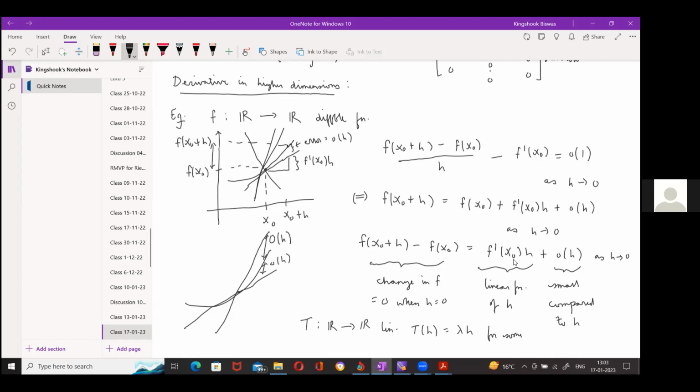Actually, what is this lambda? You write h as h times 1. This is T of h times 1. And then you take out h, since h is a scalar and T is linear. So this becomes h times T of 1. So this lambda is T of 1.